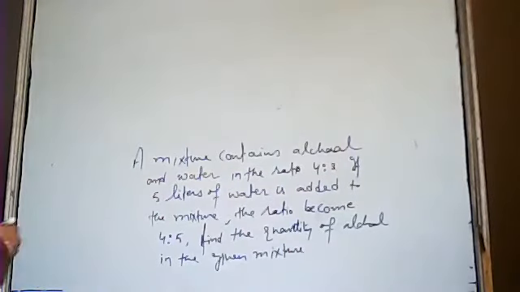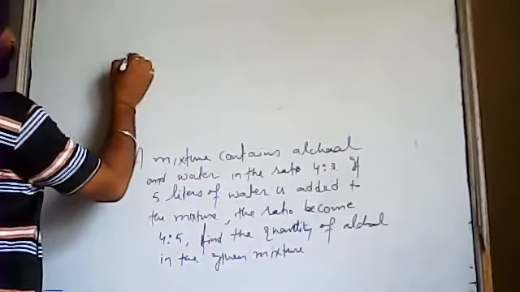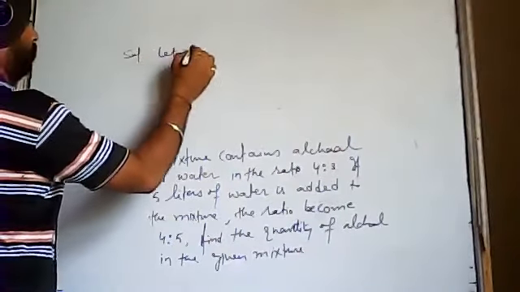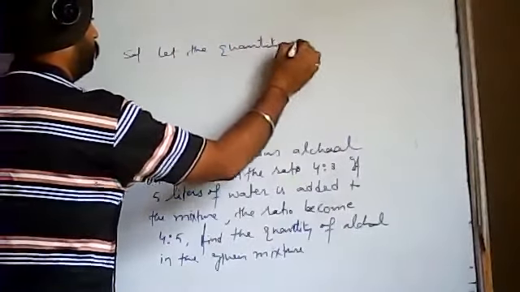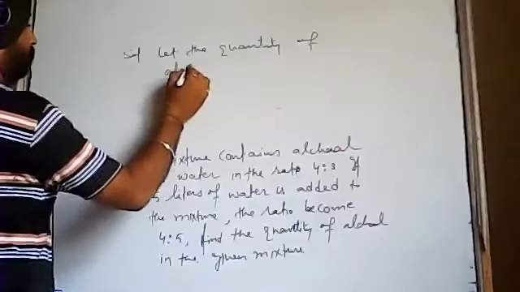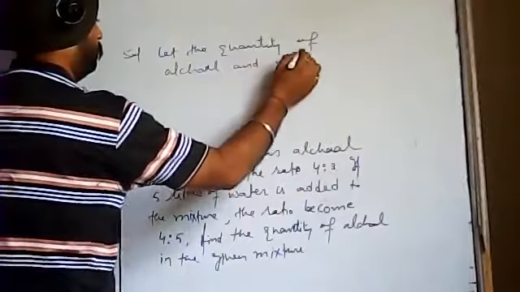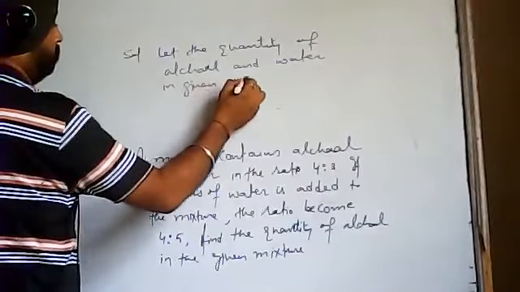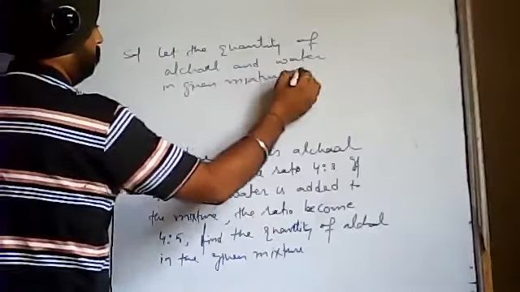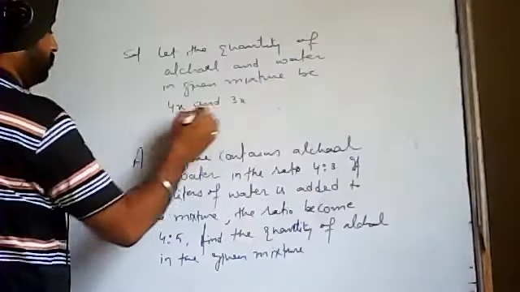First, you have to assume the quantity of water and alcohol in the given mixture. Let the quantity of alcohol and water in the given mixture be 4x and 3x.